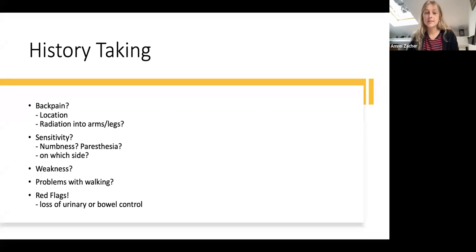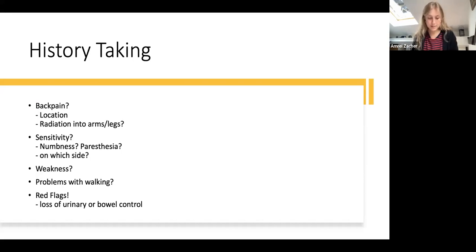You would also ask them about problems with walking. Sometimes they might tell you, oh yeah, sometimes I'm just walking and then I'm stumbling, or I'm just tripping and I don't really know why, which might be because of ataxia, but also because of weakness.